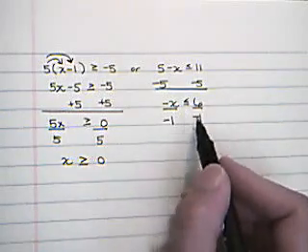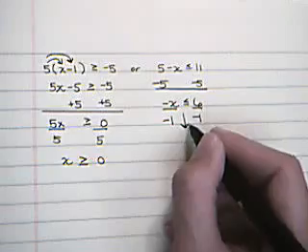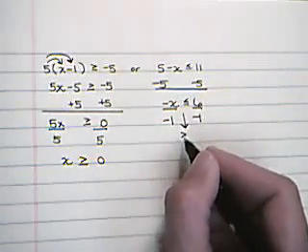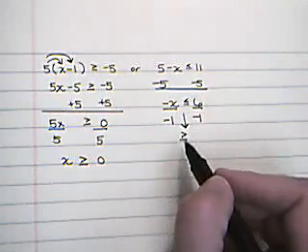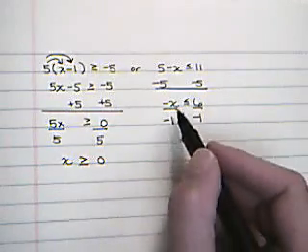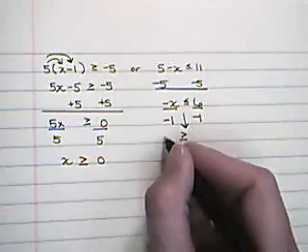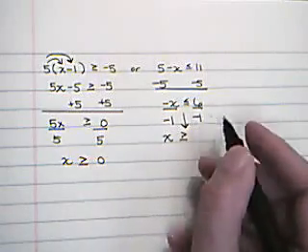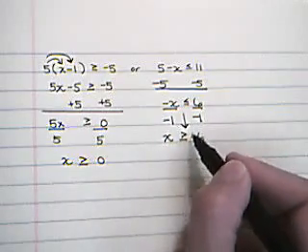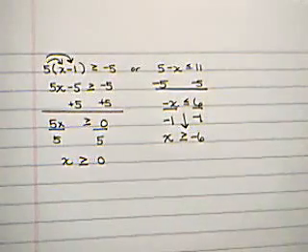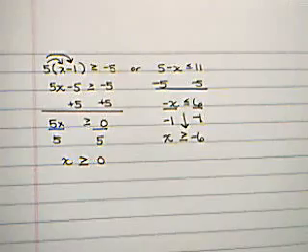Once we divide an inequality by negative 1, it takes the opposite meaning, which means we need to change the direction of the symbol. So instead of less than or equal to, it's going to become greater than or equal to. The negatives divide out to be a positive x. 6 divided by negative 1 is negative 6. So anytime we divide by a negative number, we have to change the direction of the inequality sign.